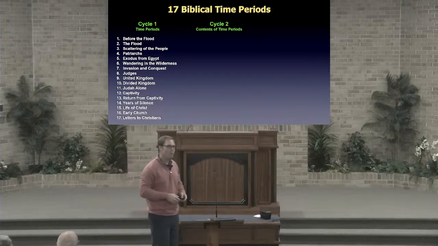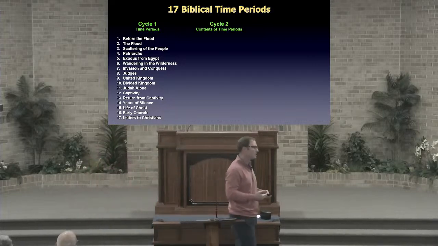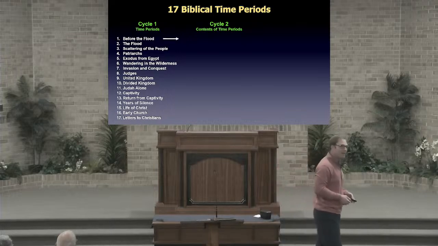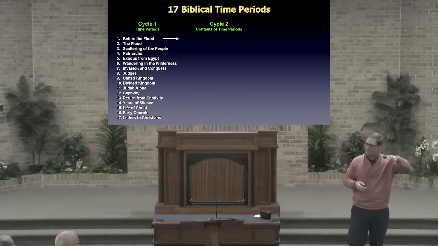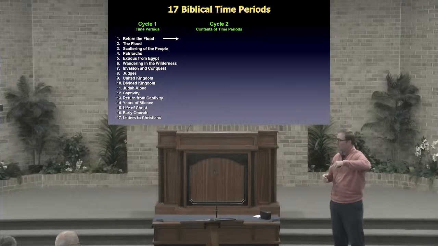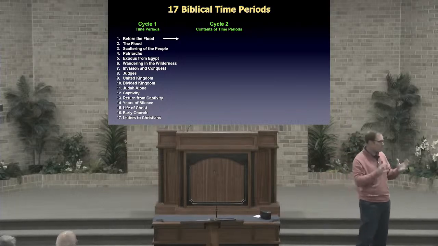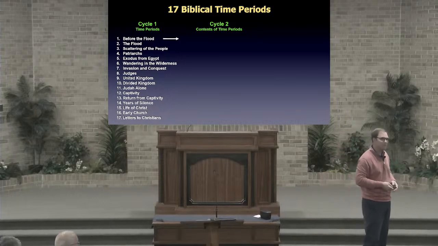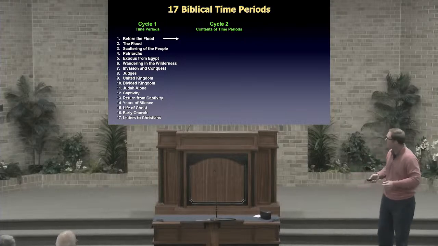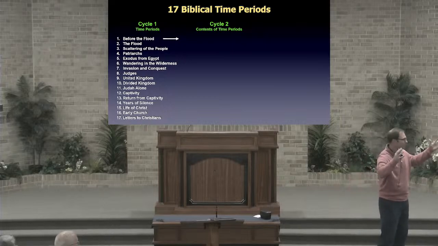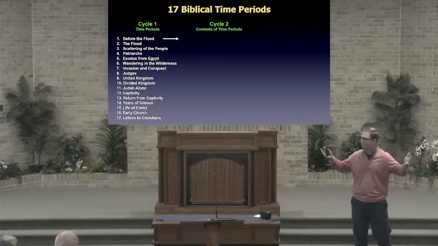Then you go over to cycle 2. Now here's what cycle 2 does. It takes each of the 17 time periods and breaks it down into smaller content subjects. So let's just look at this first time period, before the flood. What are some of the things that would fit in before the flood?